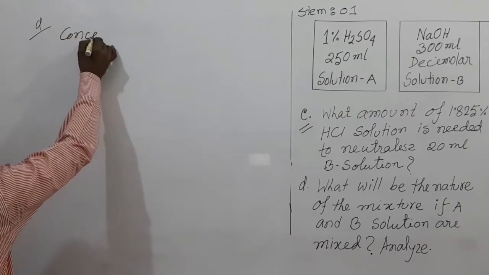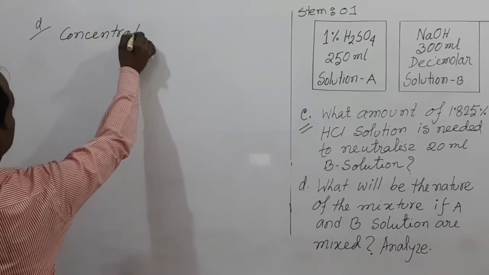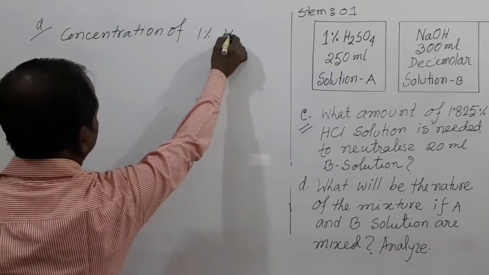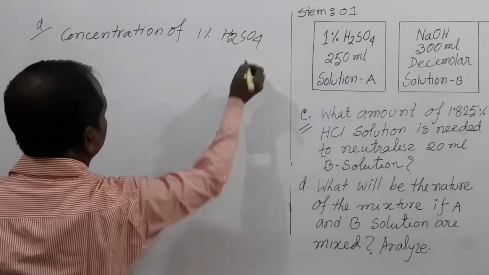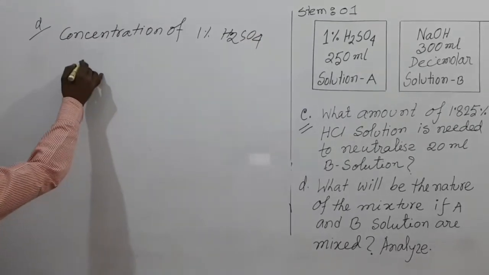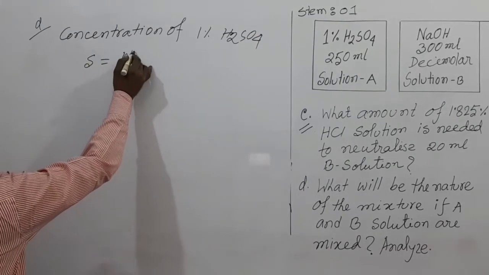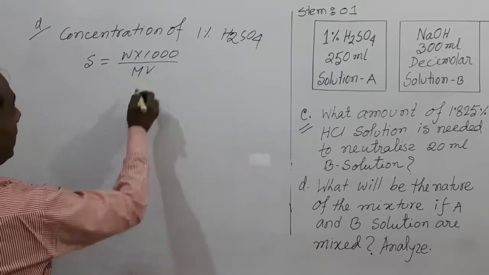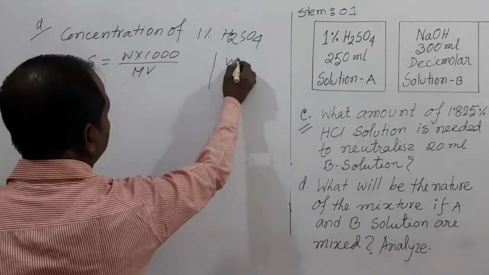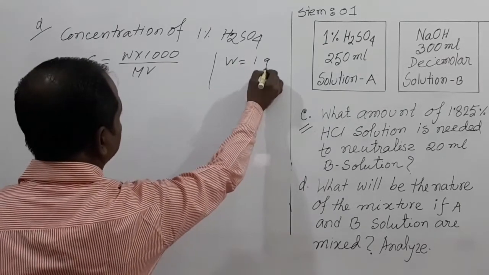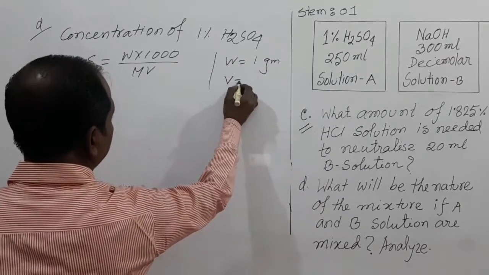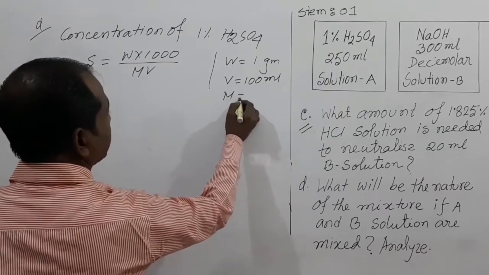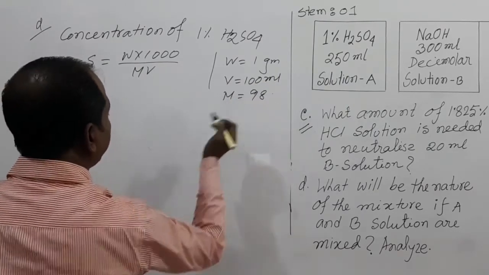Concentration of 1% sulfuric acid, H2SO4. We know S equal to W into 1000 divided by mV. Here W equal to 1 gram, volume V equal to 100 ml, molecular mass of sulfuric acid is 98.